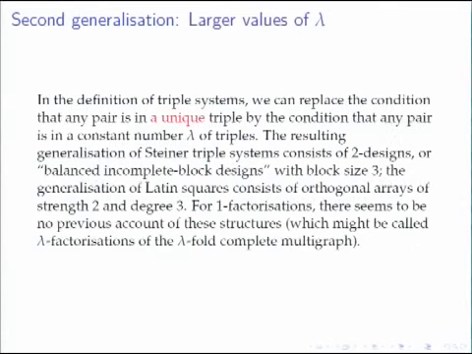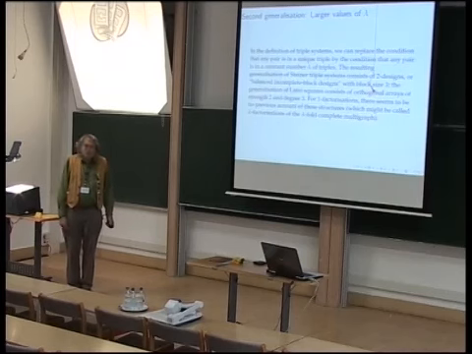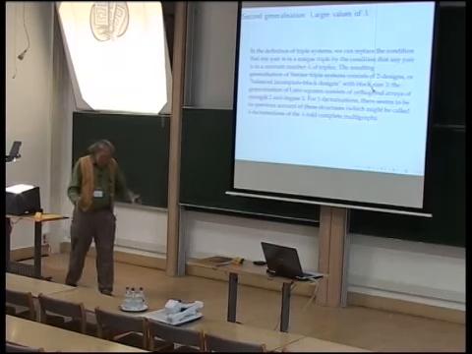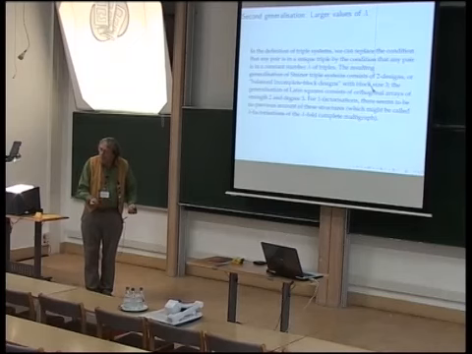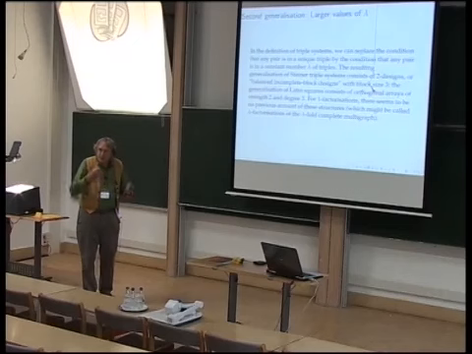And we can replace the word a unique by a constant number lambda. So we're having in one case 2 designs, or balanced incomplete block designs with block size 3. In another case, these are things called orthogonal arrays. In the third case, it's a little bit more forced, but you take the complete graph with each edge repeated lambda times, and you want a lambda factorization.